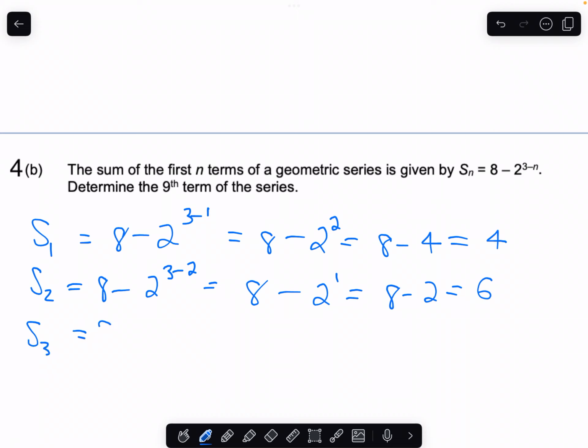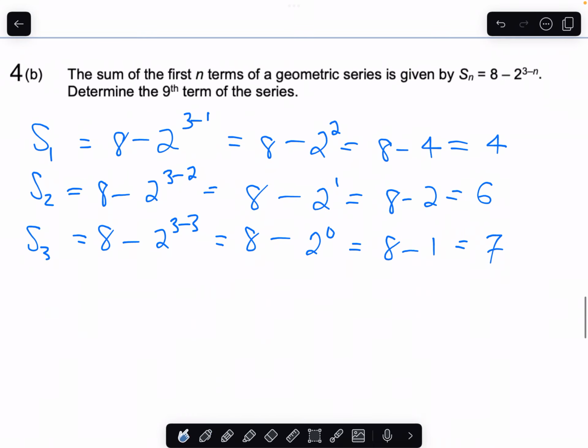And you can take it all the way to 3 if you want. So that would be 8 minus 2 to the 0, which is 8 minus 1, which is equal to 7. So now that gives us the sums.